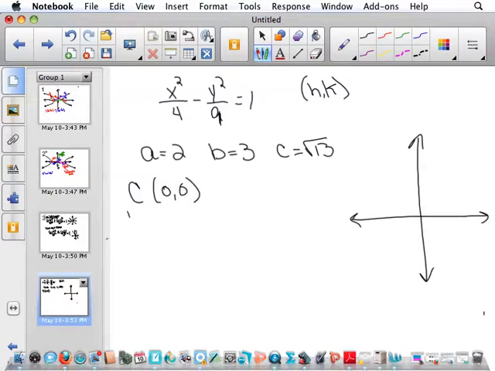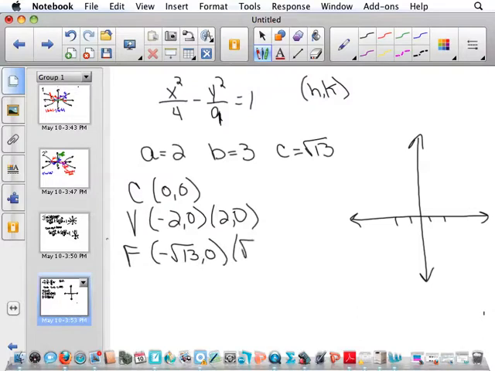It opens left and right, so my vertices are going to be at 2, 0 and negative 2, 0. The foci are going to be negative root 13, 0 and root 13, 0.